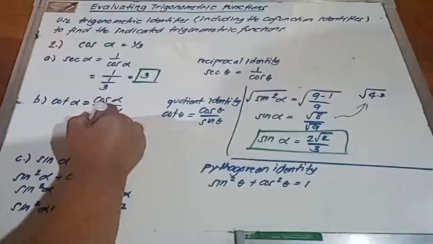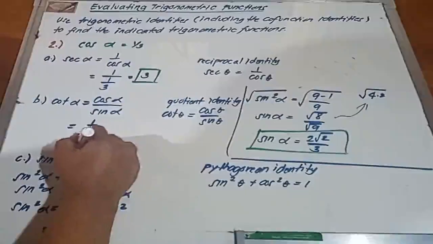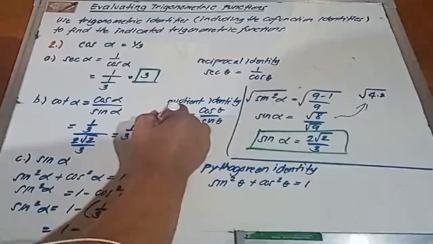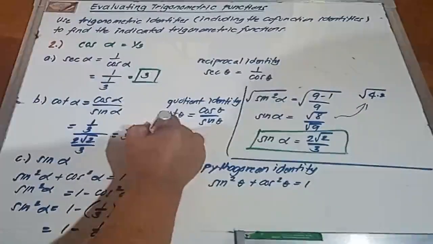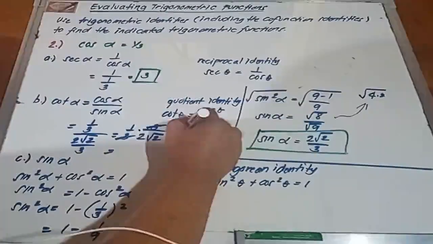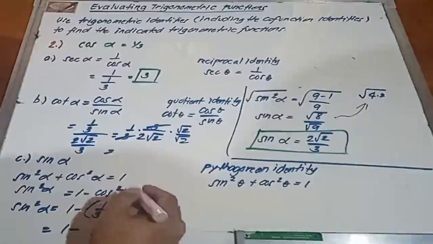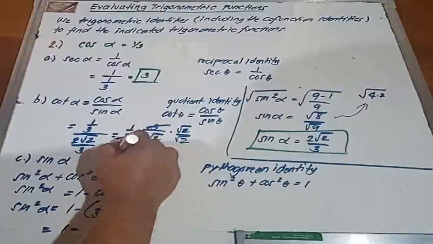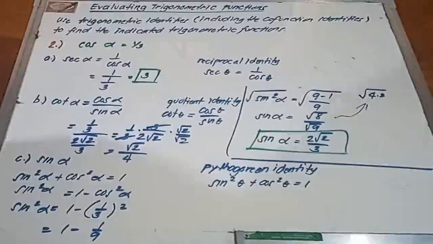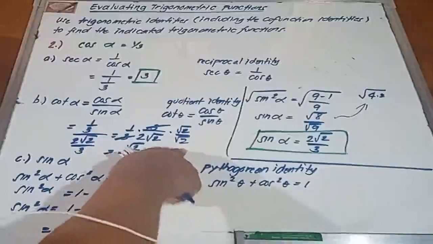Cosine alpha is 1/3 divided by 2 square root of 2 over 3. Getting the multiplicative inverse, we have 1/3 times 3 over 2 square root of 2. Cancel yung 3. Rationalizing by multiplying square root of 2 to top and bottom of the fraction, we have square root of 2 on top, sa baba ay 4. So, yun yung cotangent natin. Kasi square root of 2 times square root of 2 is 2, times 2 is 4.